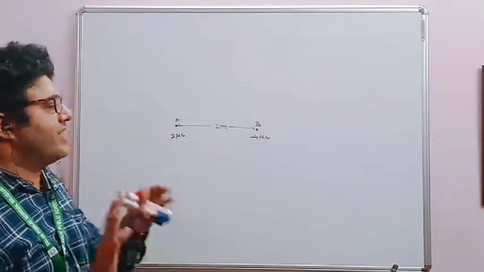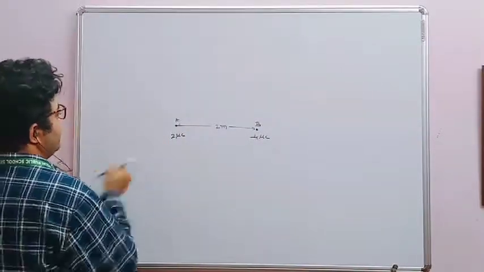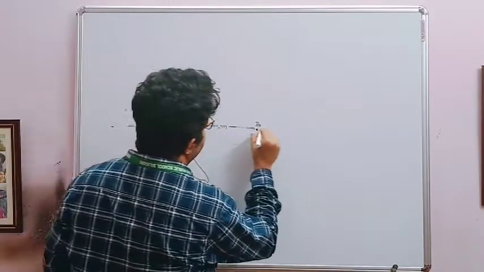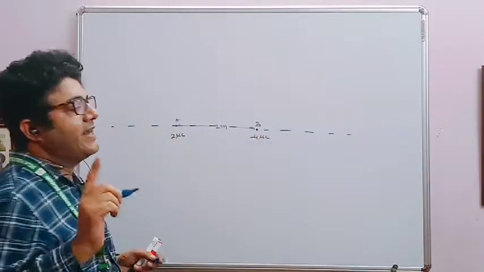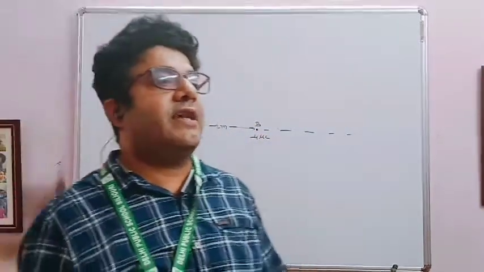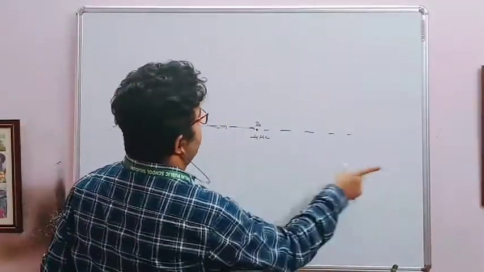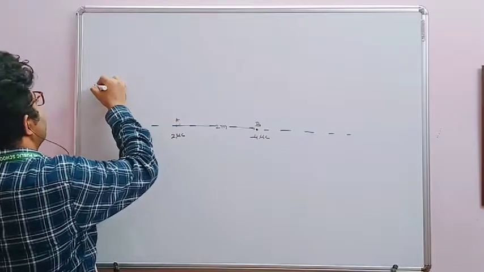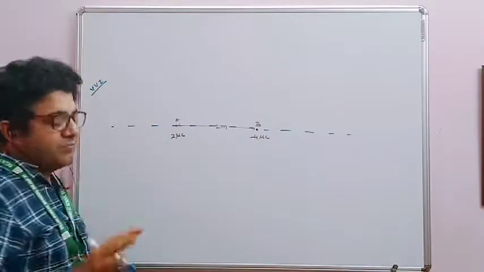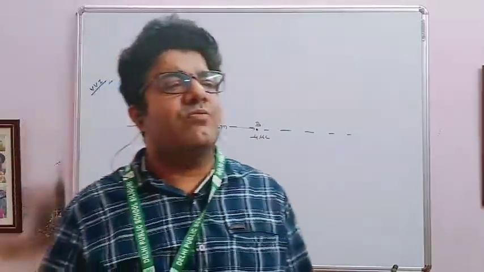So they restrict you to a particular line. They can say, find the point where the electric potential is 0 on the line joining the charge particles. This one is very, very important.